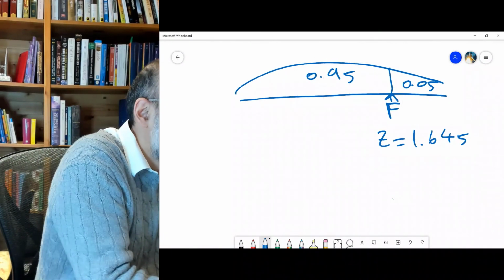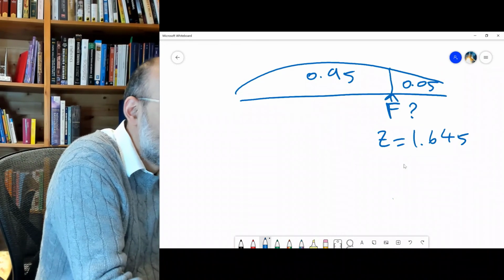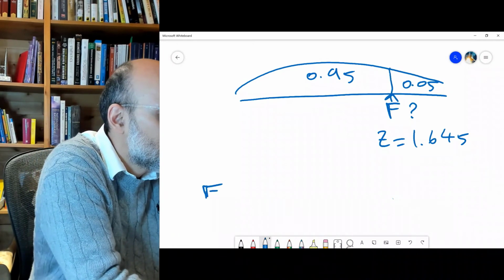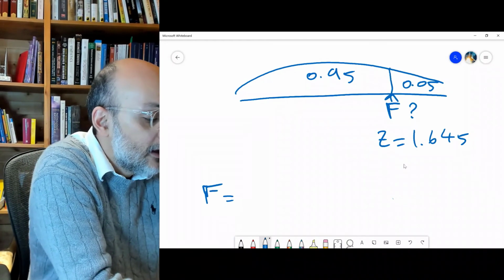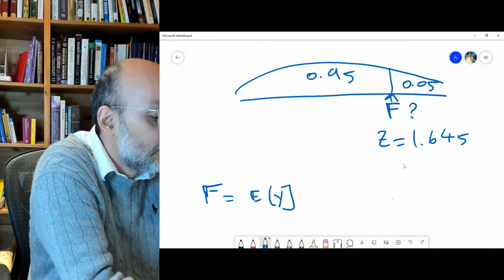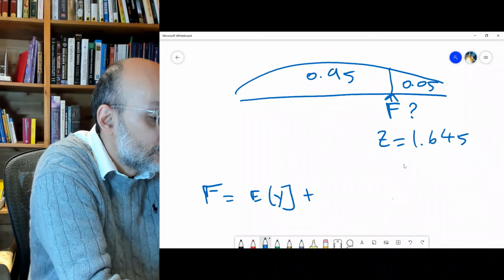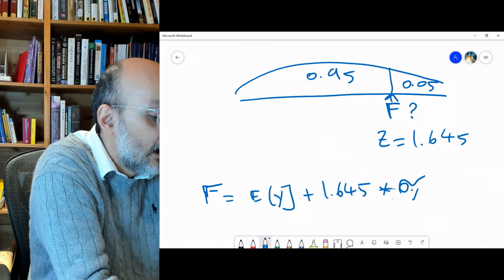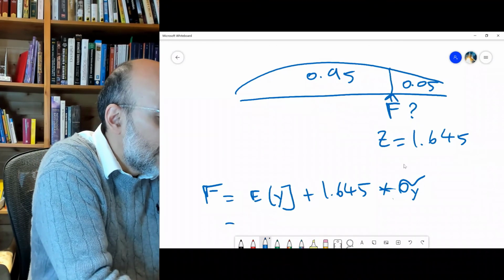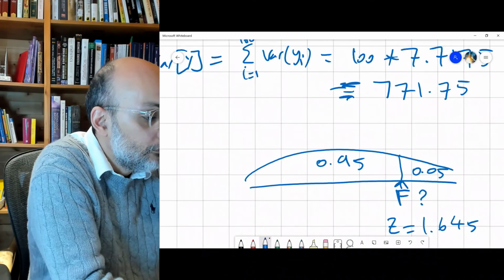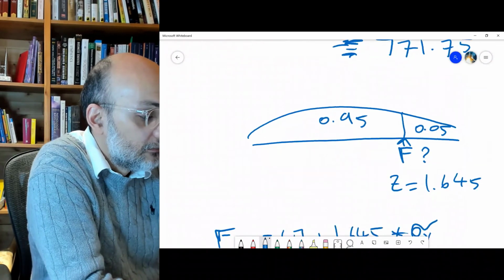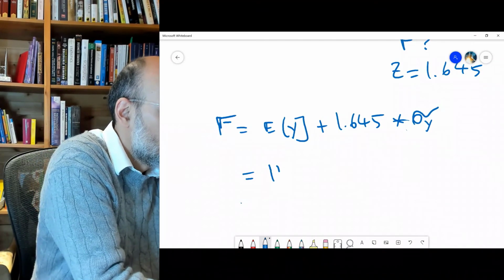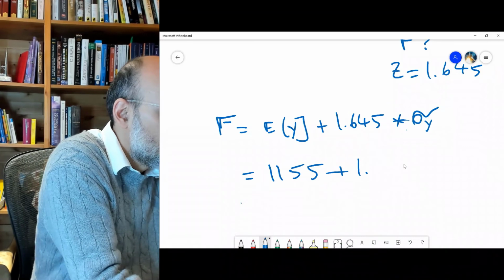So now the value of the fund, what is the value of the fund? If it was the normal distribution this way, we can move from the normal distribution to any distribution by adding the expected value of Y, then adding to it the Z, 1.645, multiplied by the standard deviation for the aggregate Y. We already calculated the expected value of Y is 1155, plus 1.645.